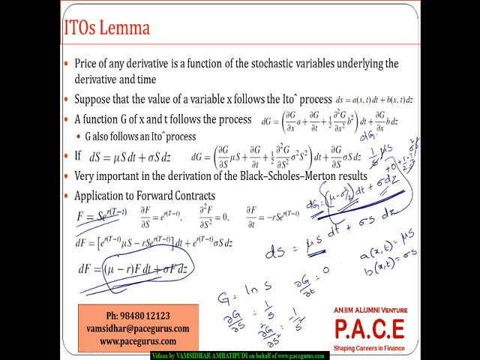If something is following an Ito process, I can really find out the change in the value of anything else which is dependent on x and t by using Ito's lemma simply. The simplification becomes more and more comfortable by using Ito's lemma.